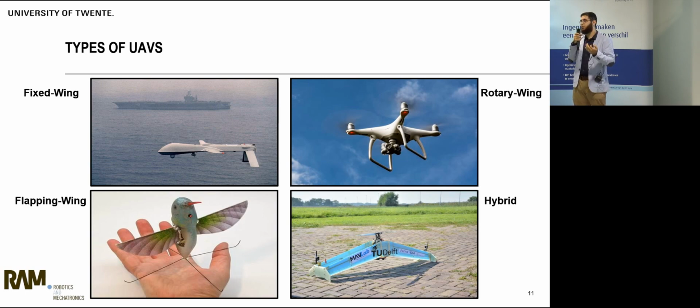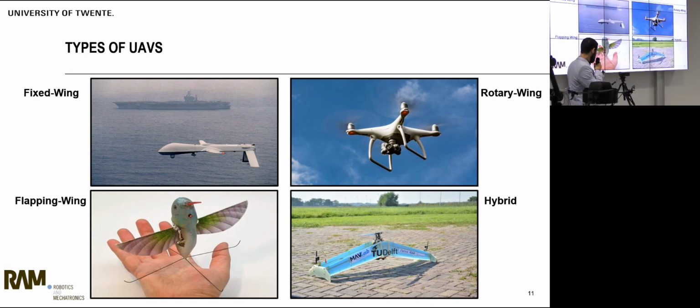You can classify the different drones out there into at least 4 types. One of them is fixed wing UAVs, fixed wing drones, which are similar to the airplanes you all see around. Another type is the rotary wing drones, which is similar to the quadrotor Abhijay was just demonstrating with.